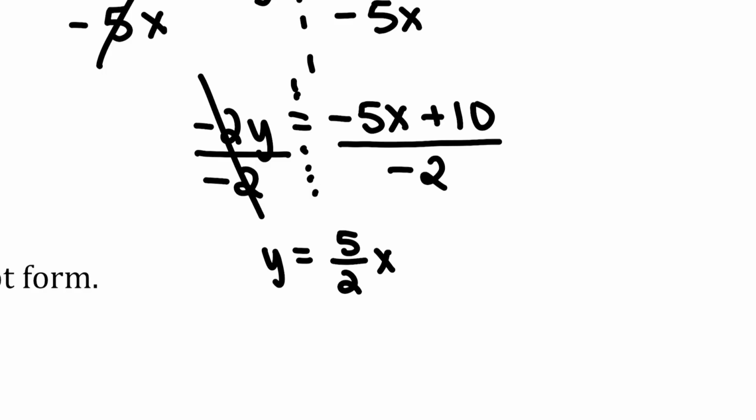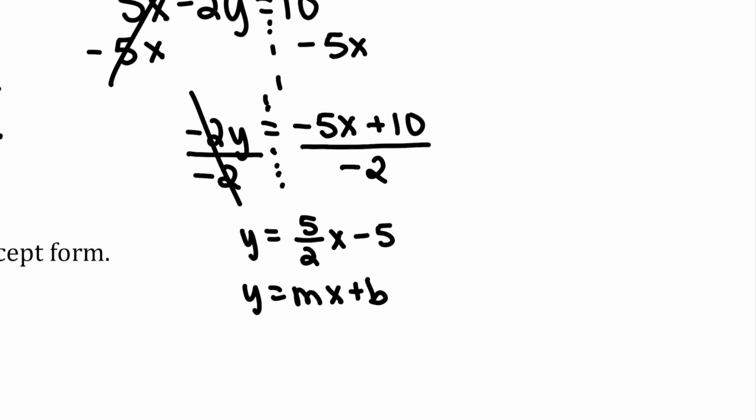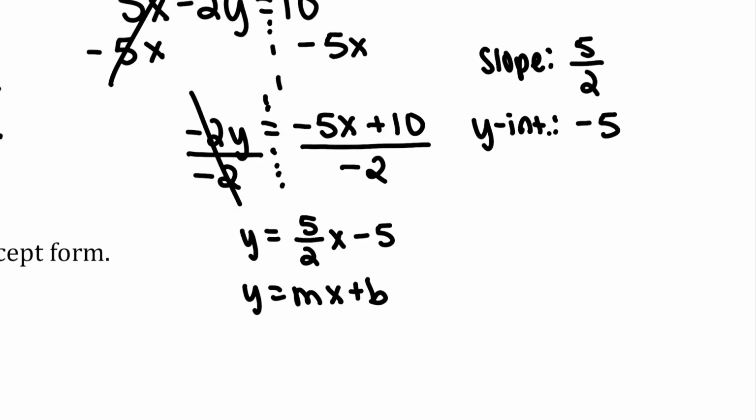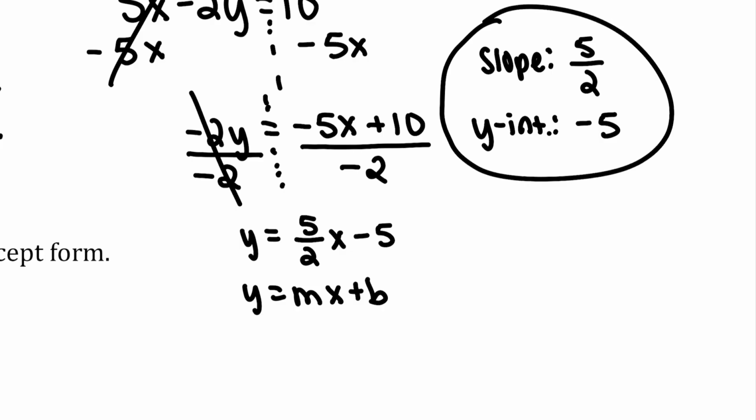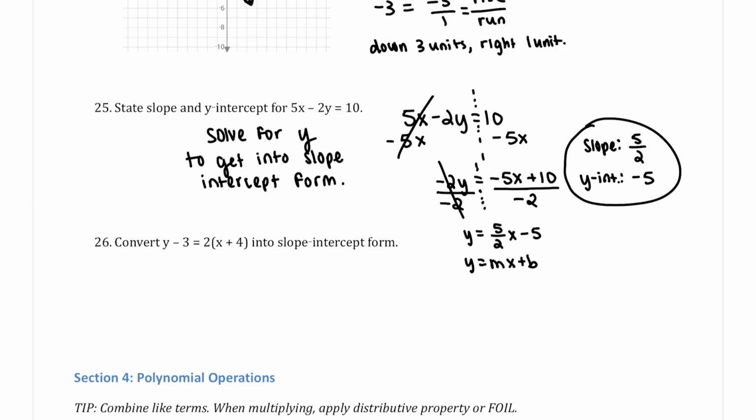And 10 divided by negative 2 is minus 5. So now this is in slope-intercept form. And slope-intercept form is y equals mx plus b, with m being our slope and b being our y-intercept. So our slope is 5 over 2. And our y-intercept, again, I'm abbreviating here, is negative 5. And that was for problem 25.